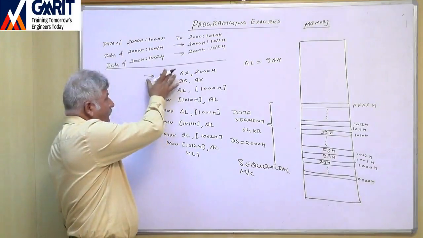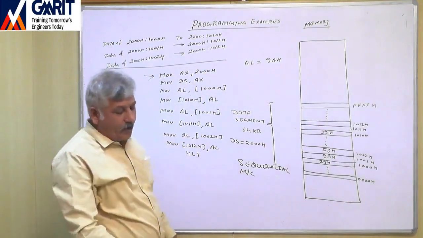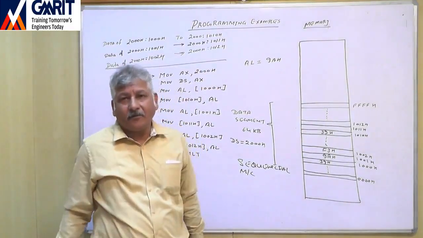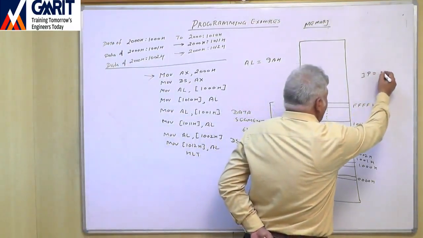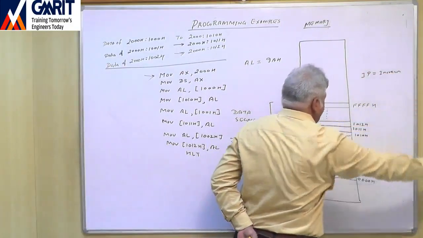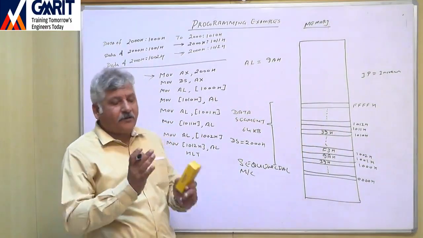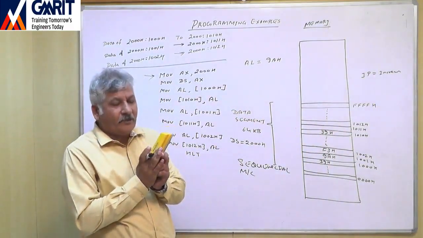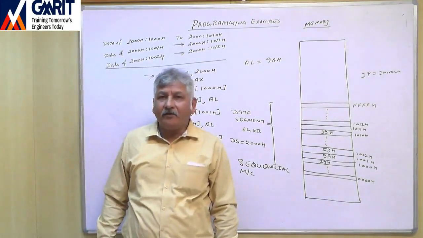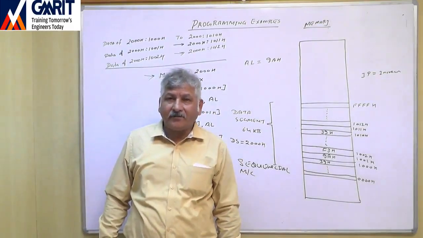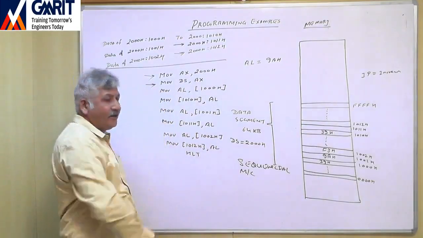Once the processor gets the opcode of the first instruction inside the processor, the value of the IP register will be increased. The IP register is the instruction pointer, which points to the offset address of our code. So now it will increase and it will point to the next instruction.